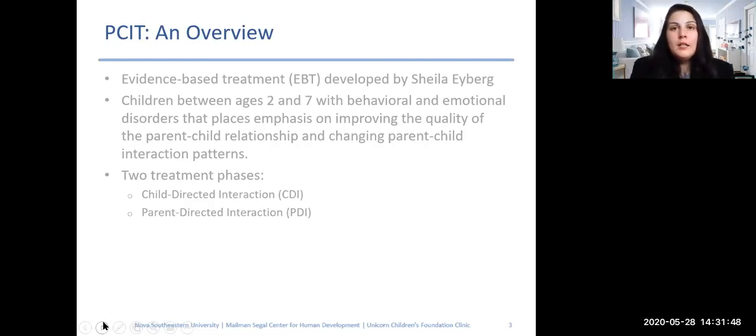Maybe they have an underlying difficult attachment with the parent or caregiver, and it really places that emphasis on improving the quality of that parent-child relationship and changing the parent-child interaction patterns, okay? And these are split into two different treatment phases. We're going to have the child-directed interaction, the CDI, and the parent-directed interaction, PDI.